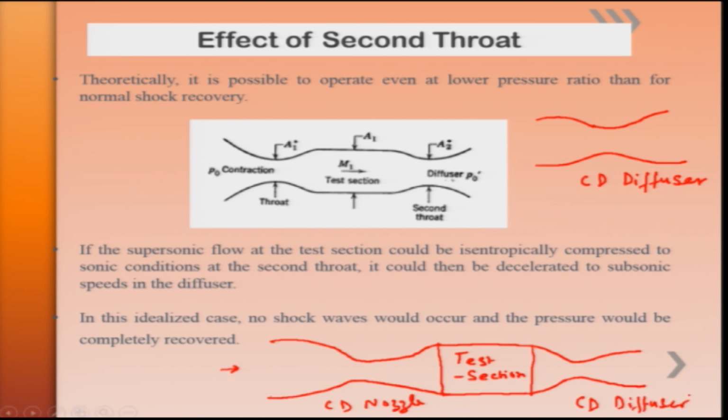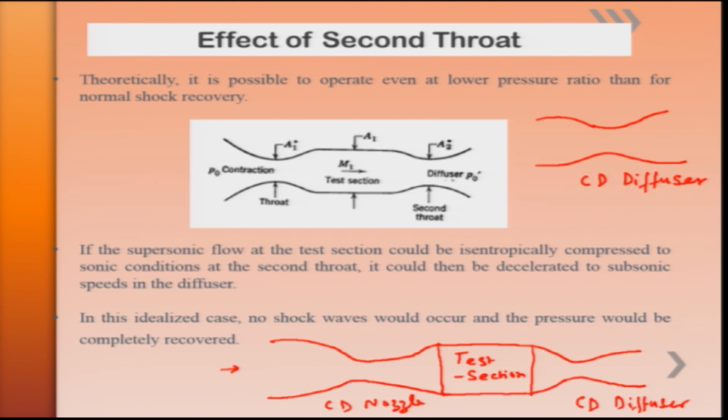Our objective in wind tunnel experiments in a supersonic test section is to make the test section shock free, because you will have a model mounted in this test section to measure various flow properties.